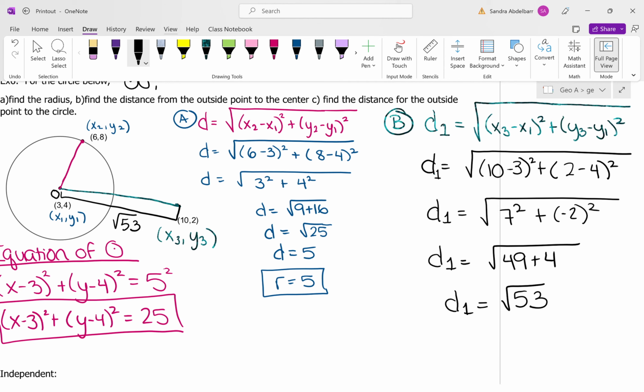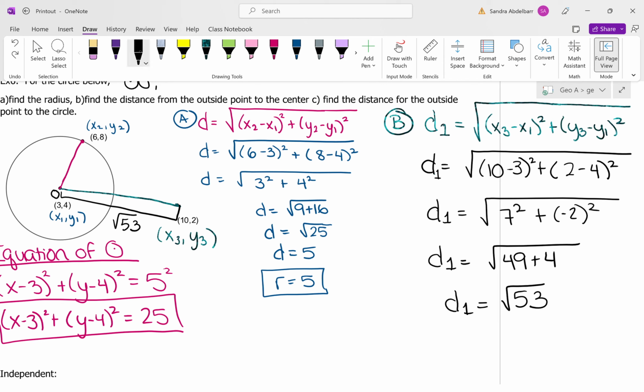All right, there is one more part of this problem. We want to find the distance from the outside point to the circle. A lot of students do this: they want 10, 2 to 6, 8 and they use the distance formula. We don't want that. When they say the distance from anything to anything else, they want the shortest distance.